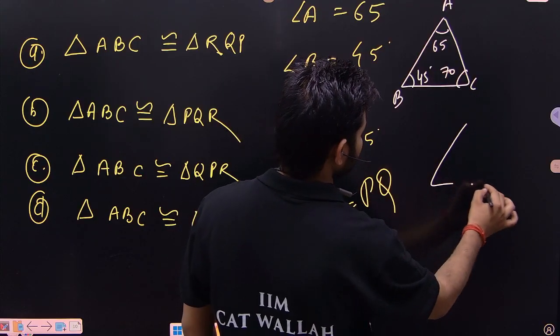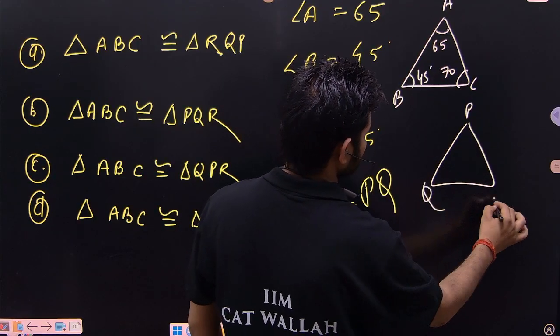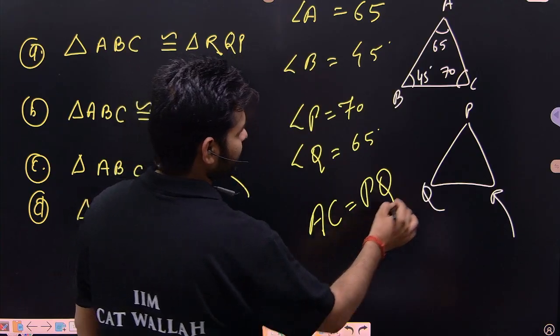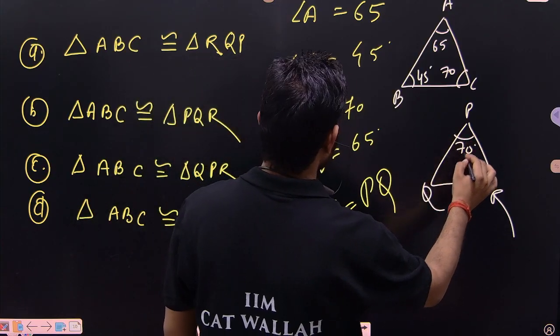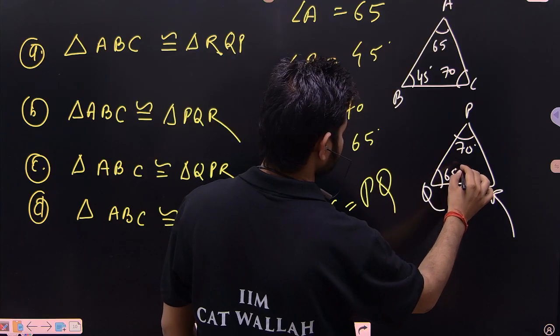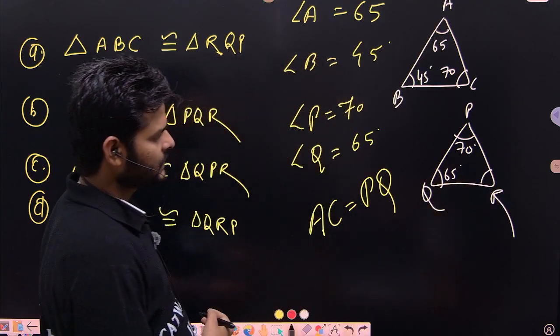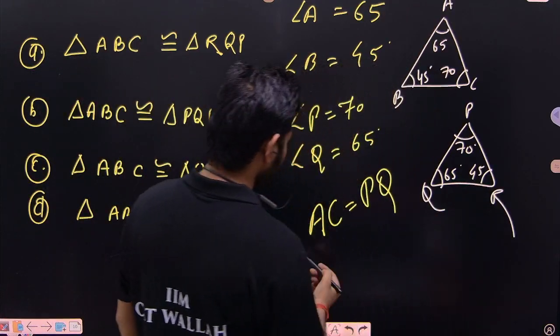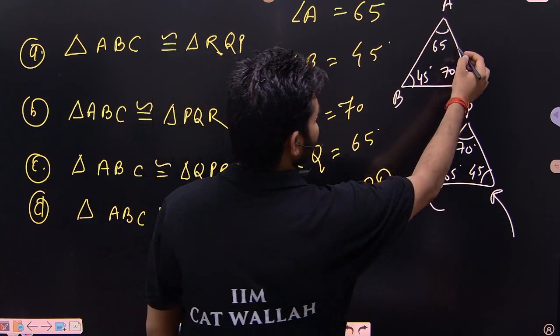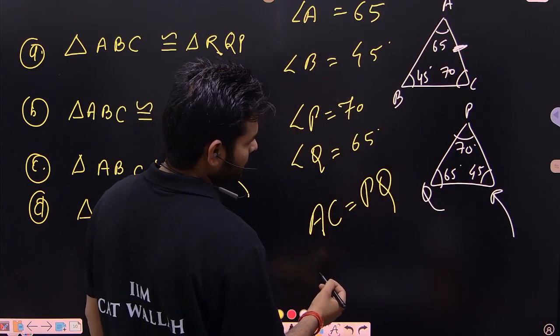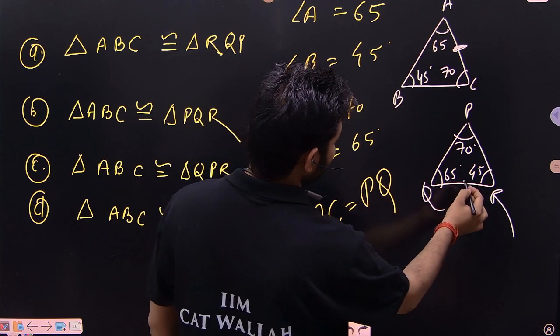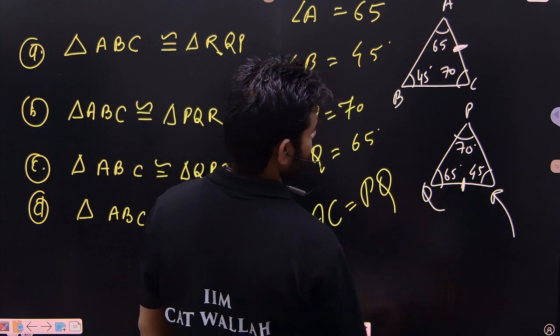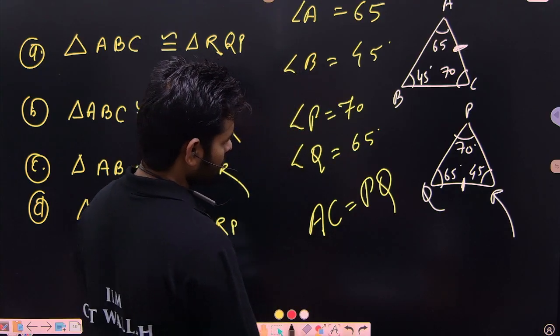And PQR, angle P is 70, Q is 65, then how much that would be? 45. And AC means what? This side is equal to QR, means this side PQ.